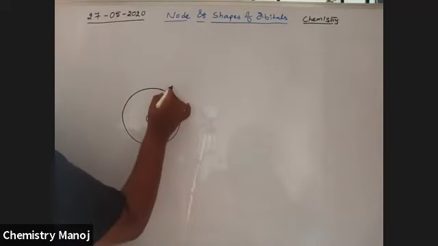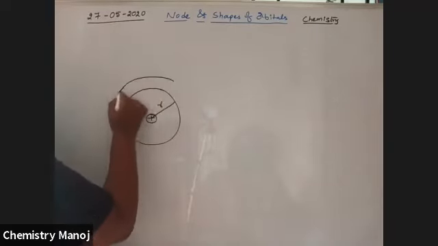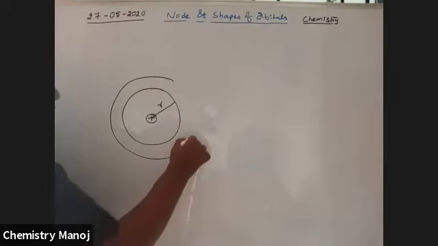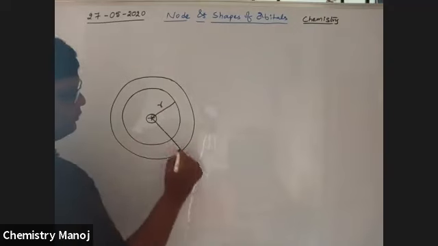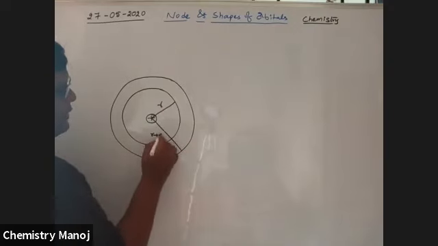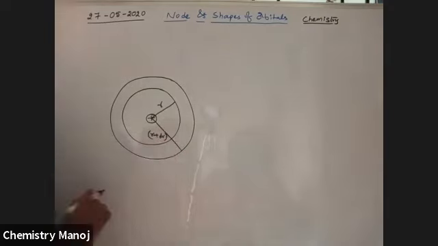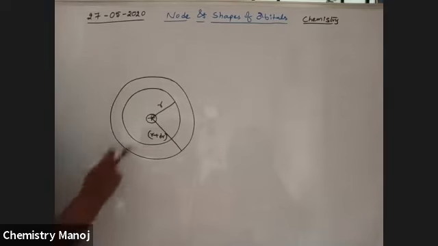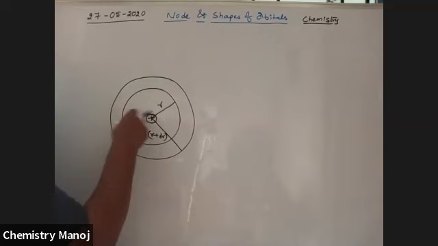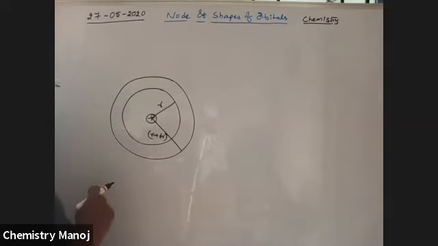Now let us consider another orbit from the nucleus at a distance r plus dr. These are the two orbits, one at a distance r from the nucleus, and the other at r plus dr.